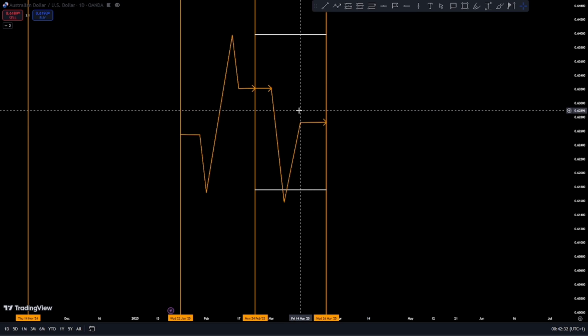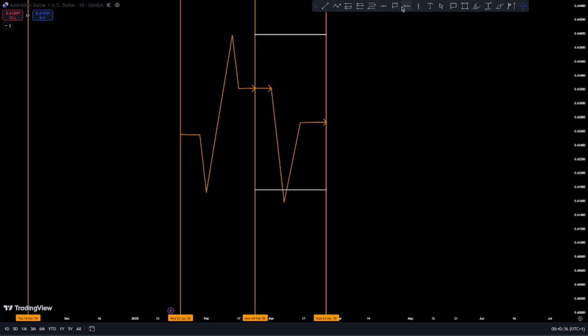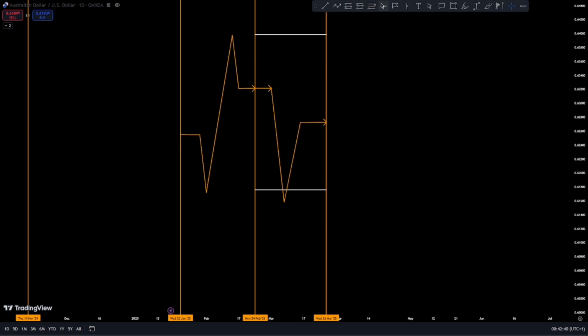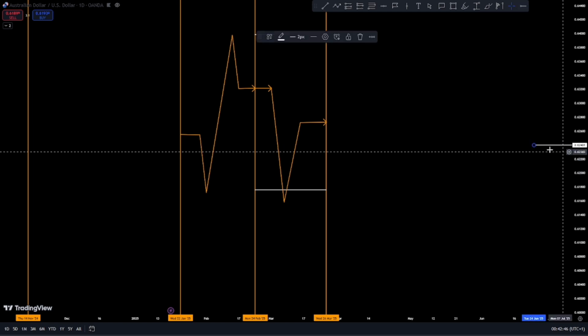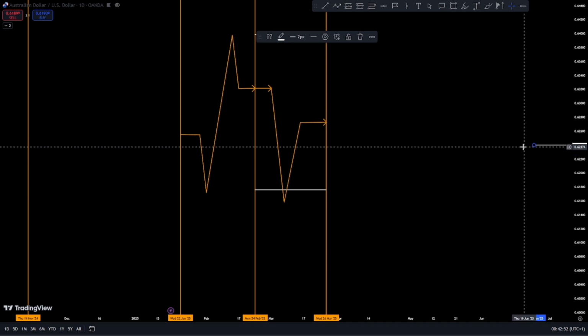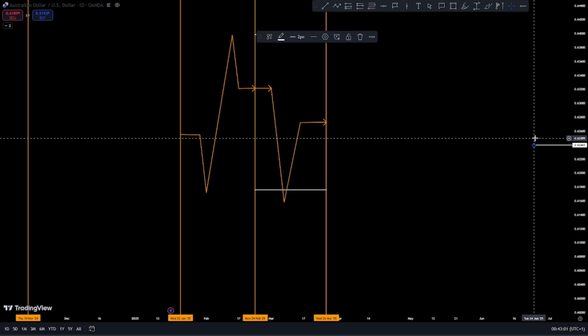If price is here, in this region, on the monthly time frame, if you go to the 1 minute time frame, it will still be there, it will not change. If you go to the 1 hour time frame, it will not change. Go to 12 decades, that is where price will be.